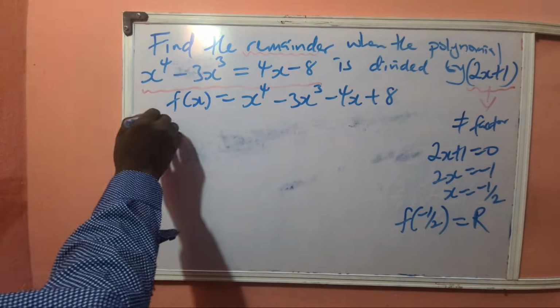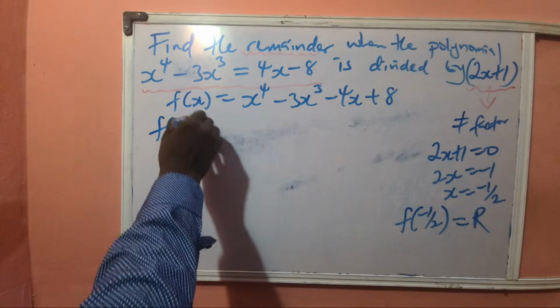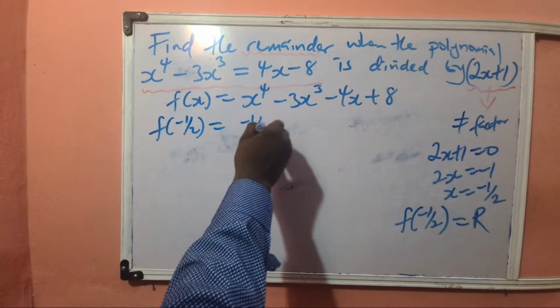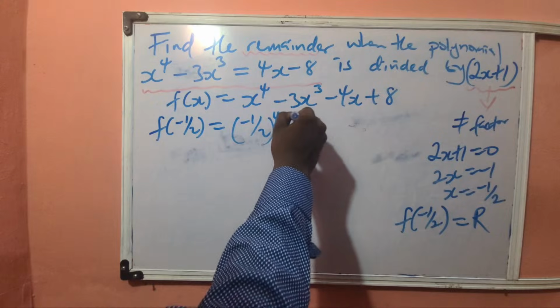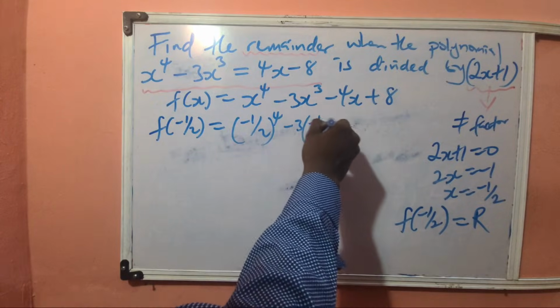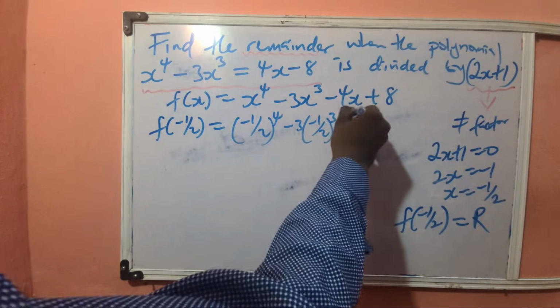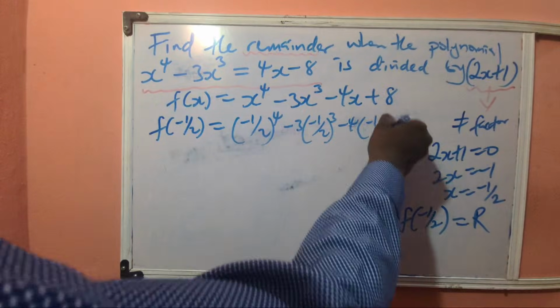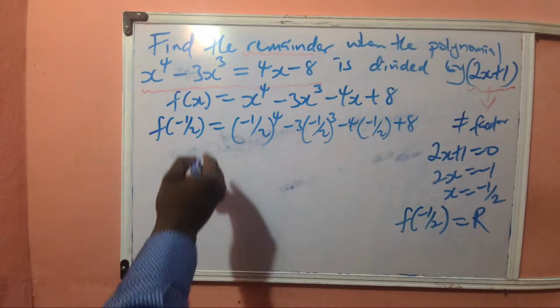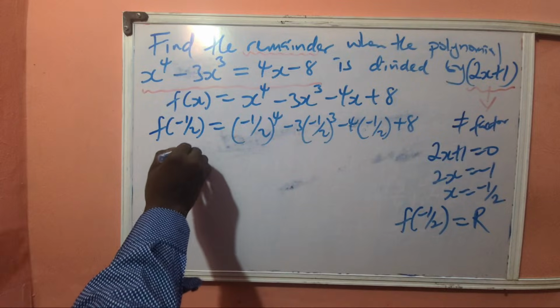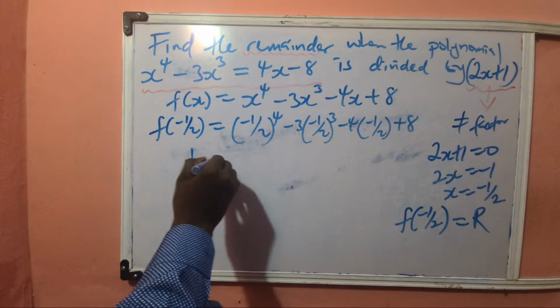So I'll go on to find f of minus 1 over 2. This will be minus 1 over 2 raised to power 4, minus 3 times minus 1 over 2 raised to power 3, minus 4 times minus 1 over 2, plus 8. Of course, this will give me 1 over 16.